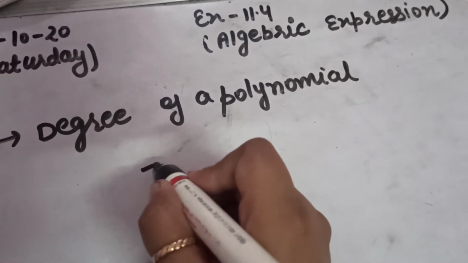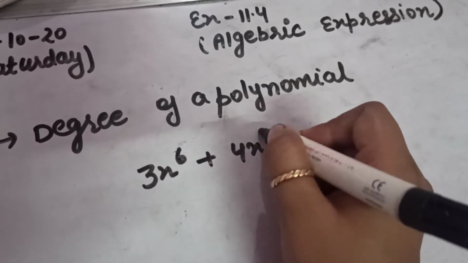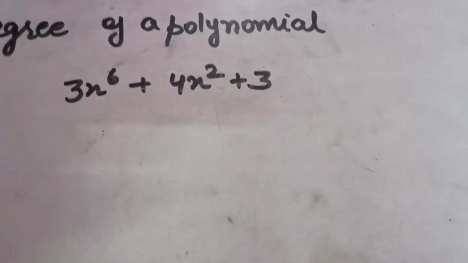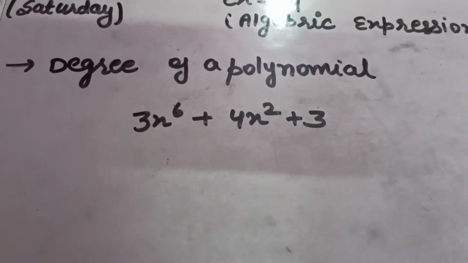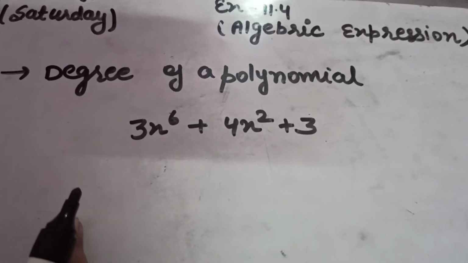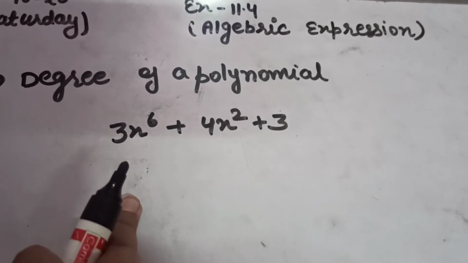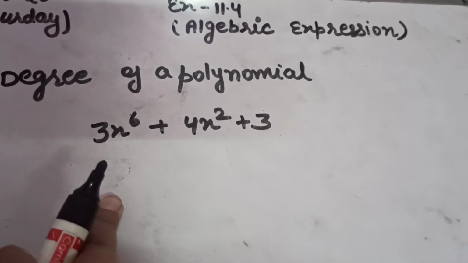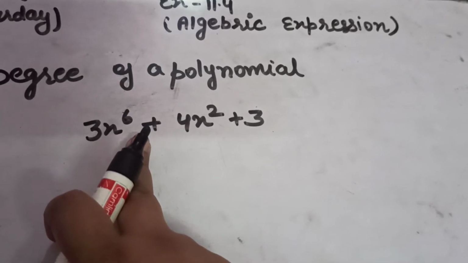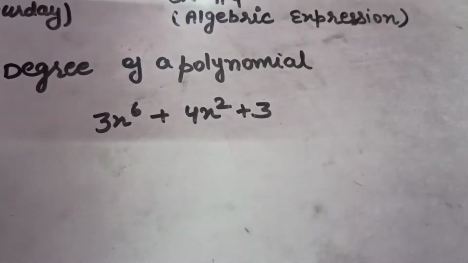See, 3x to the power 6 plus 4x square plus 3. This is a polynomial given here. In this polynomial, you can see the degree means also the power. Here the powers are 6 and 2. So the largest power of a variable in a polynomial is known as the degree of the polynomial, right?